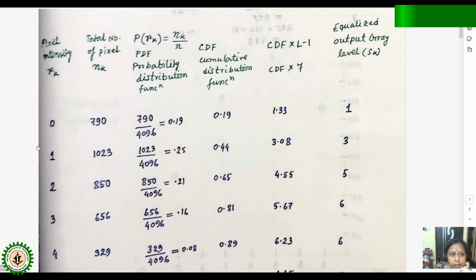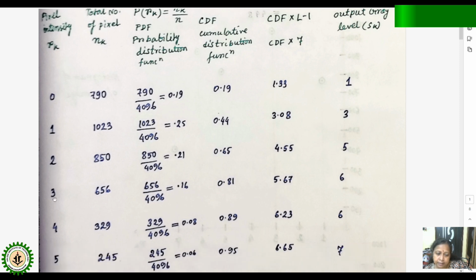Here for the pixel intensity 1, the output gray level value is 3. For the pixel intensity 2, after histogram equalization, the output gray level value is 5. For the pixel intensity 3, after histogram equalization, the output gray level value is 6.